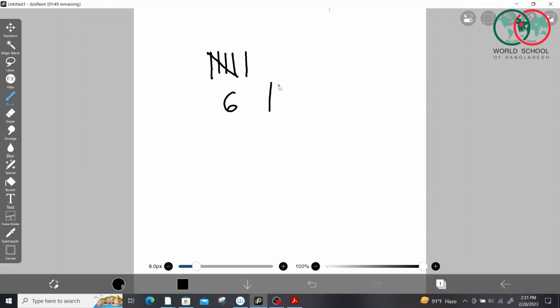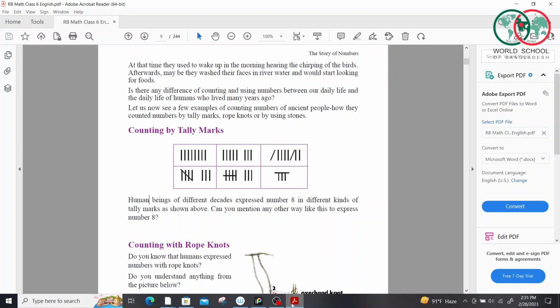That's how it works. So now let's go to another system, counting with rope knots.